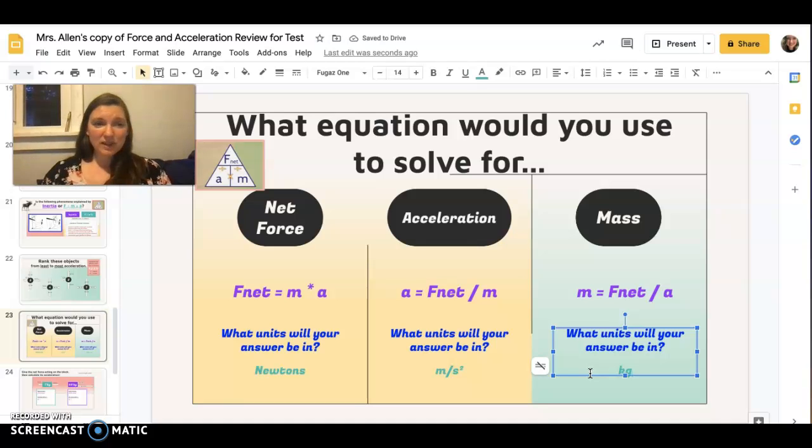With other things that we've done, mass can be shown in pounds, it can be shown in milligrams, it can be shown in all kinds of different things. But when we're talking about forces, we do it with kilograms because newtons, if you'll remember, is actually a unit that wraps up all of those things. It's how much force it takes to move 1 kilogram of mass, accelerate it by 1 meter per second every second, okay?